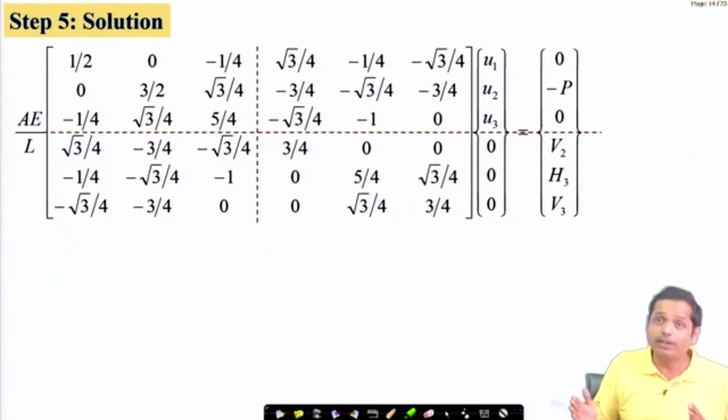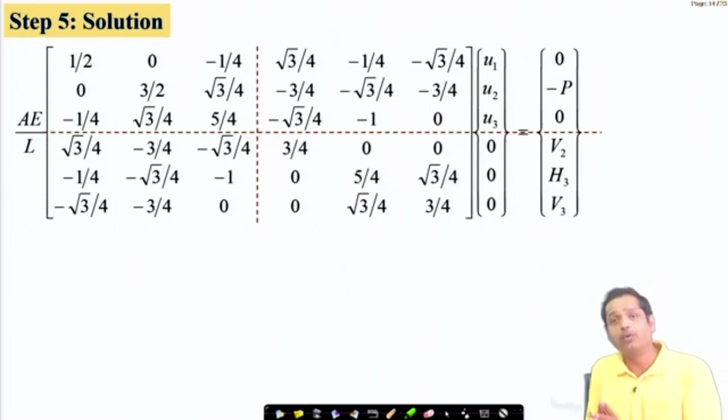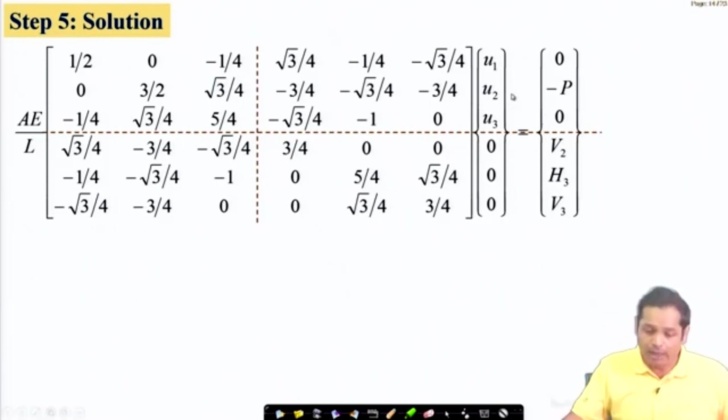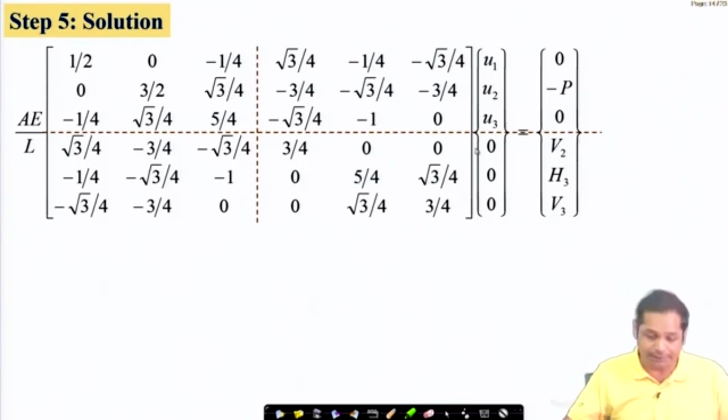We have to bring all the known information together, and all the unknown information together. In this case we do not have to do that exercise separately, because of the way the numbering was done and the way the boundary conditions are in the structure, it is already there. Known information is on one side and unknown information on the other side.